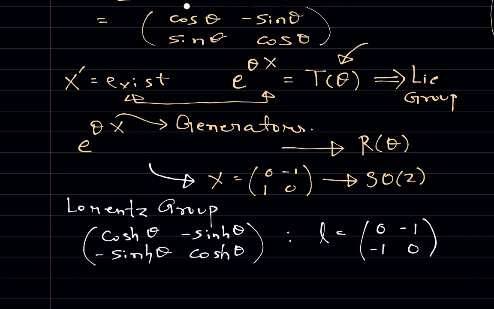So question is, when we talk about SO3, then of course the generators must be 3 × 3 because SO3 group elements are 3 × 3, and hence we have to check out whether the generators of SO3 are symmetric or antisymmetric. Antisymmetric, sir. It's antisymmetric, right?